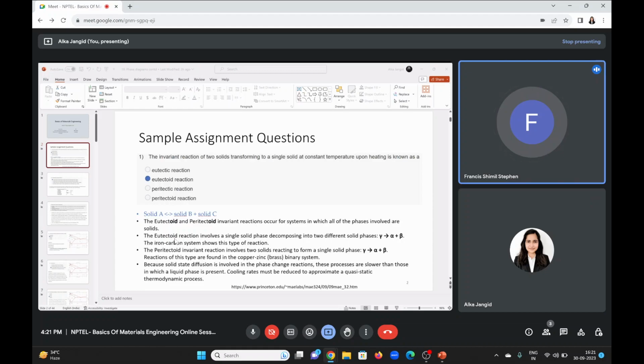Ma'am, also for the density equation of the unit cell, we are using the Avogadro number in the denominator, isn't it? Is there any reason for that? The equation is given by n times Z divided by Vc times Na. Density is mass by volume, isn't it?